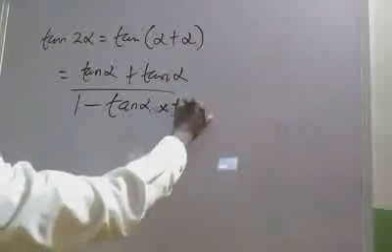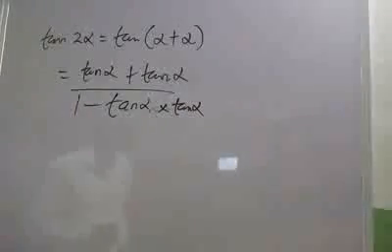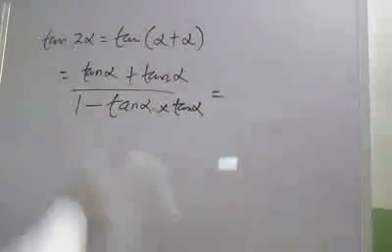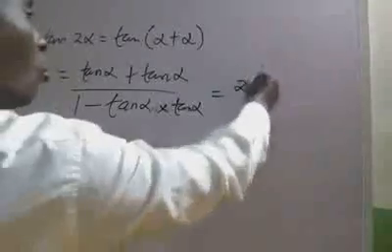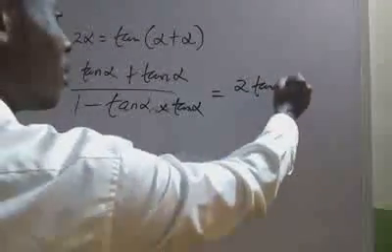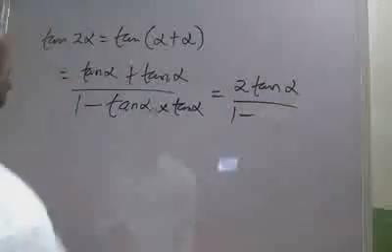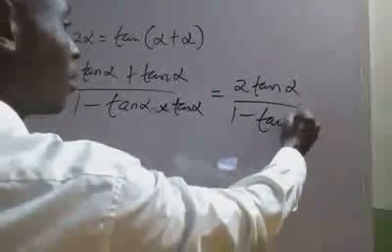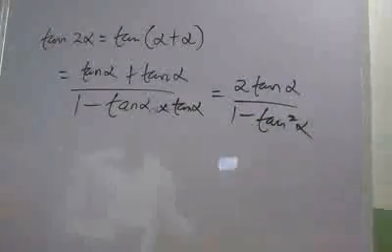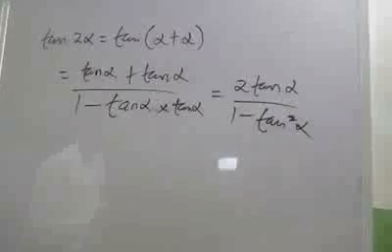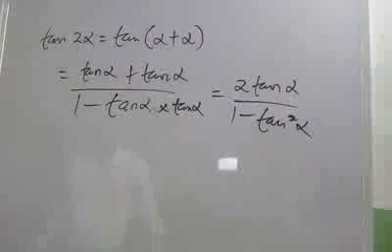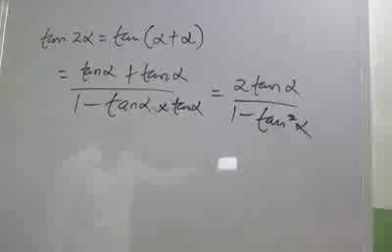And this is as good as saying this plus this is 2. So you have 2 tan alpha over 1 minus tan square alpha. So that is the double angle for tan. So we are going to move into triple angle. We just take the analysis, then we can solve questions.